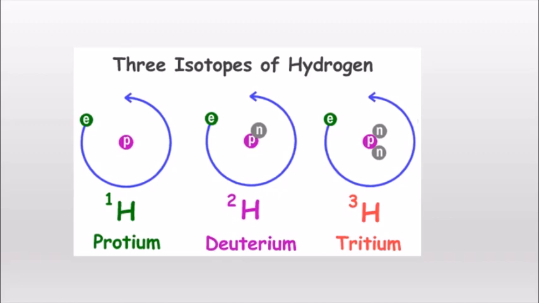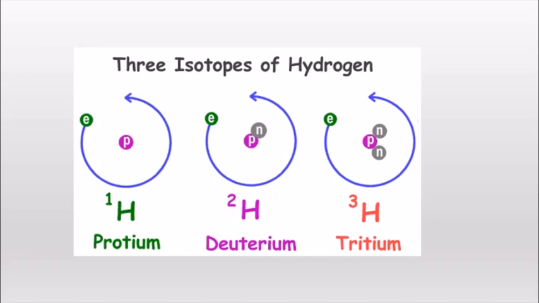Now here in this example, you can see all three are hydrogen only. These are called the three isotopes of hydrogen. Hydrogen 1 is called protium, hydrogen 2 is called deuterium, and hydrogen 3 is called tritium. Here they all have the same number of electrons, that is, the same atomic number.